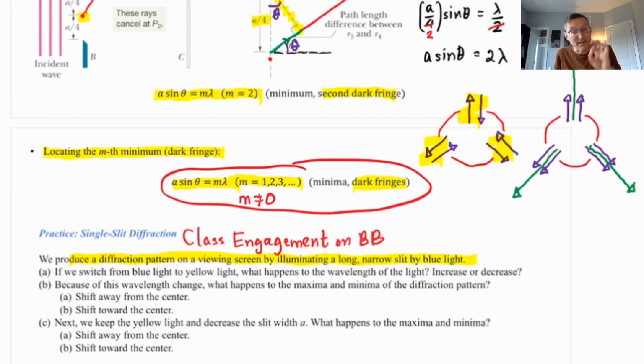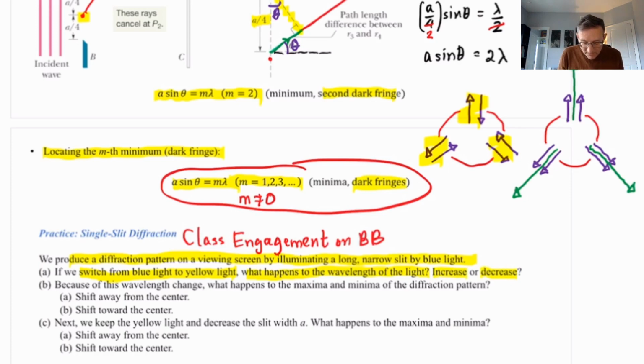That means light of a particular wavelength. But now what we're going to do, so that's what we start with, we're going to switch from blue light to yellow light of a different particular wavelength. So my first question is, what's happened to the wavelength of the light when you switch from blue to yellow? Does the wavelength get bigger or does the wavelength get smaller? That's the first question.